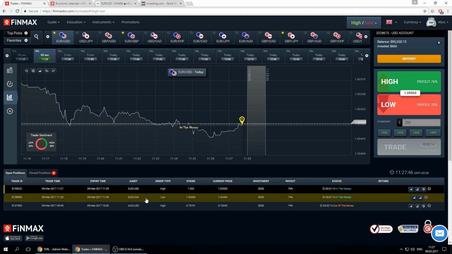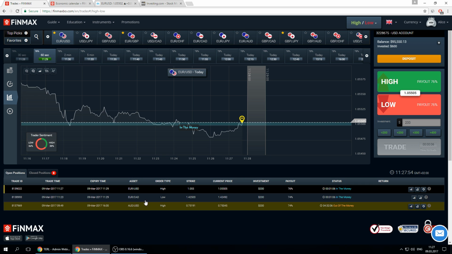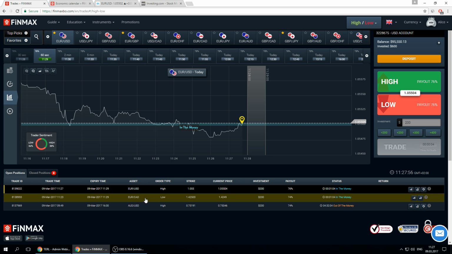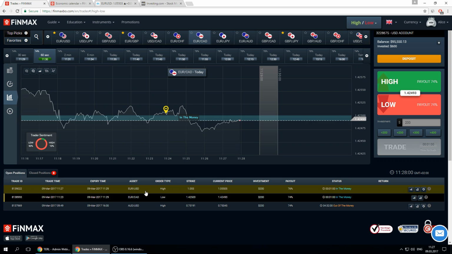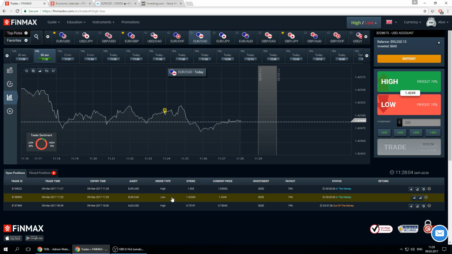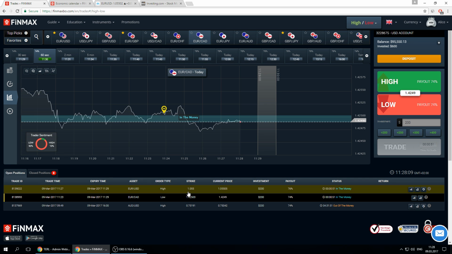Well, basically that's contradictory to what we have on this trade, because here we trade that the euro is going to grow, here we trade that the euro is going to fall. But even though these two trades can expire in the money, or otherwise we will open the second trade on this asset, so they are going to expire together.